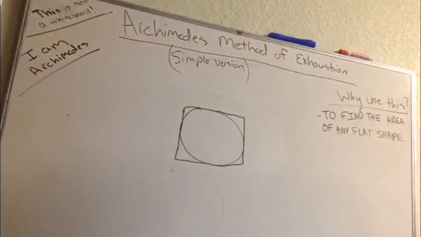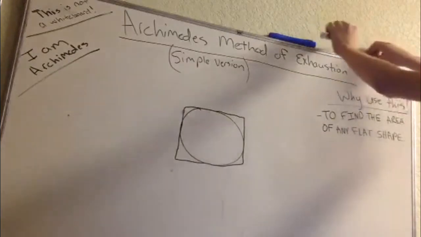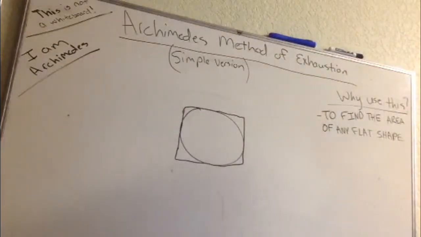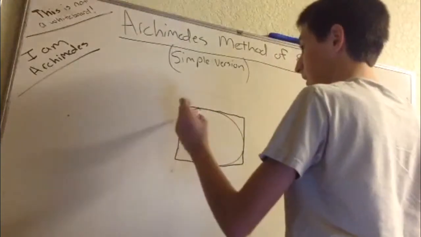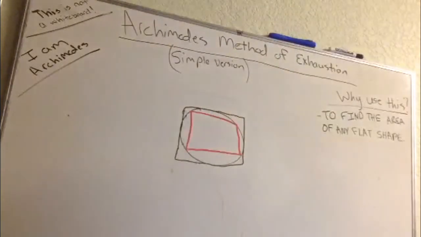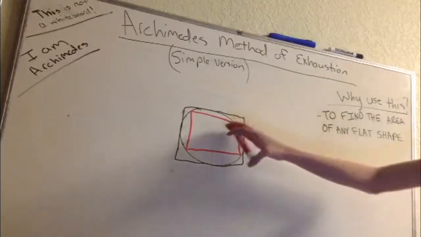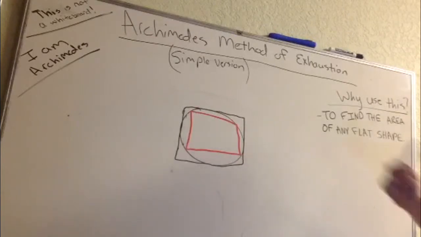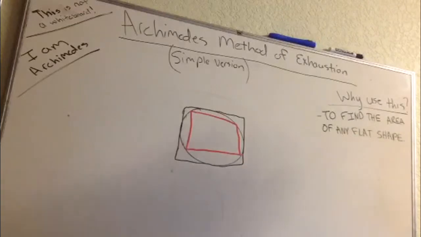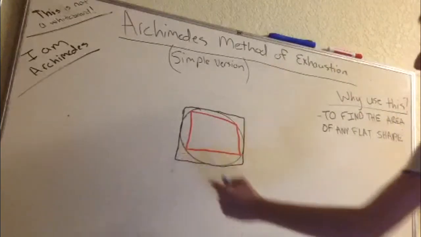Now, I'm going to inscribe a square, okay? So that means it's inside and each corner is touching an edge of the circle. So basically what the method of exhaustion is, using your calculations and measurements, you find the area of this square.